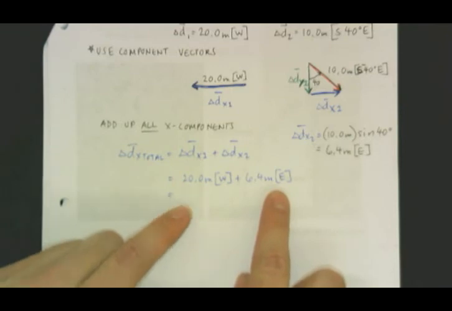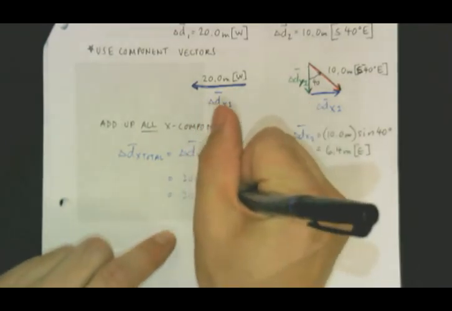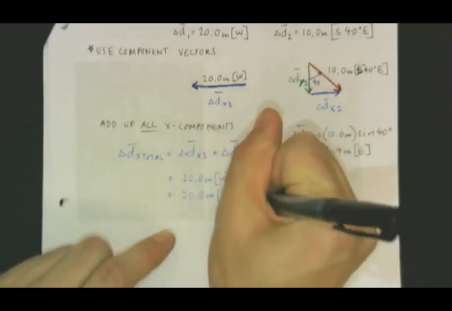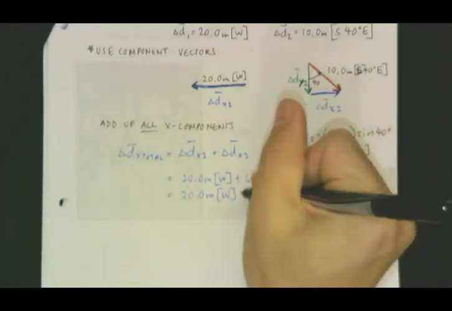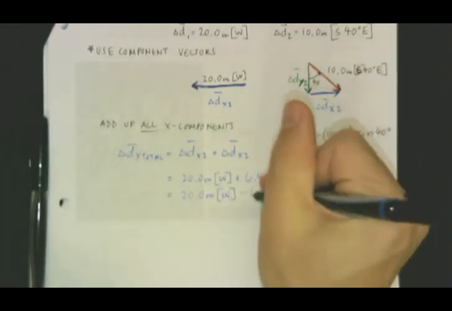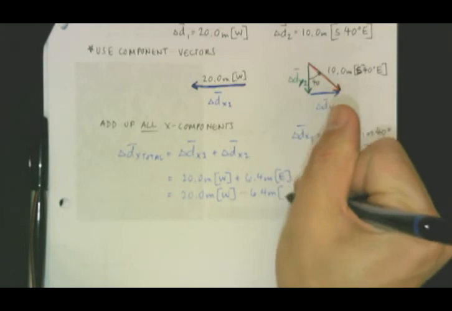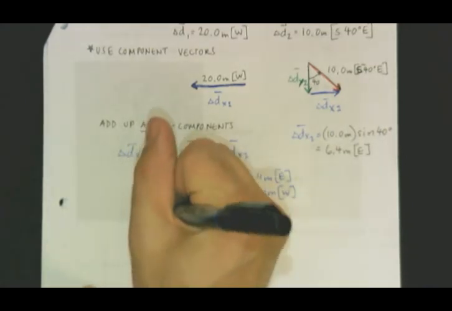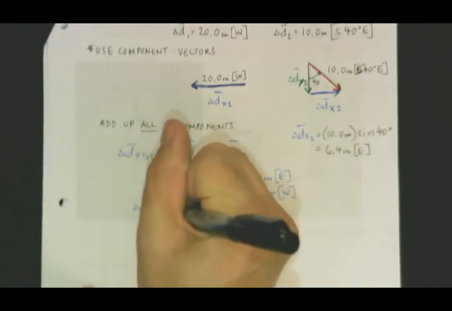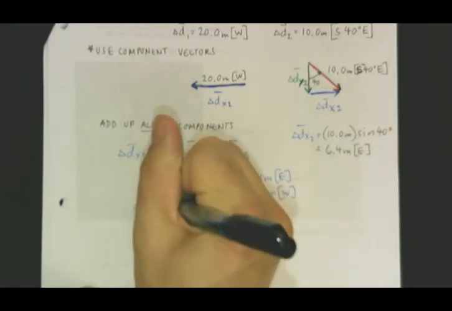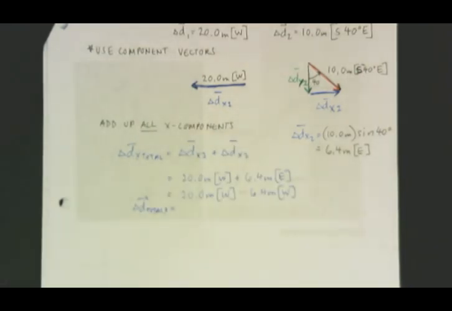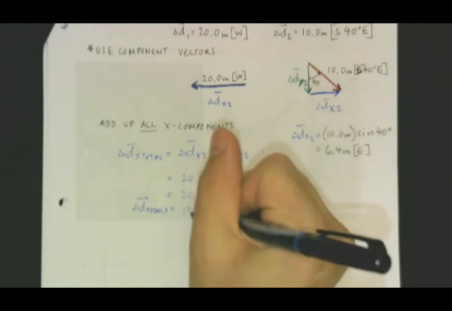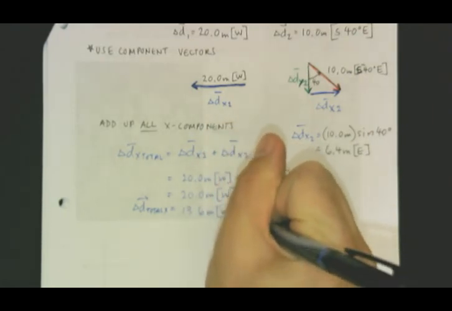Or this to west, rather. So we end up with 20.0 meters west minus 6.4 meters west. If we punch this into our calculator, what is our total x component? Anthony? 15.6 meters west. Good.